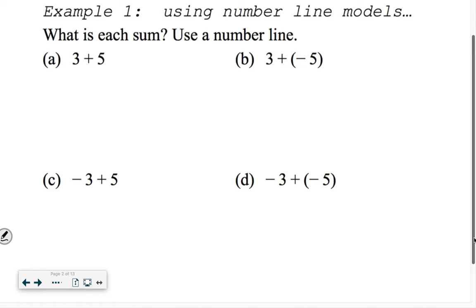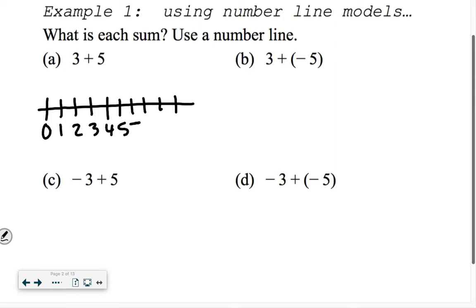Draw our number line here. 0, 1, 2, 3, 4, 5, 6, 7, 8, 9. We're going to start at 3, so that's our first number. And we're adding, so we're going to the right 5 times. 1, 2, 3, 4, 5. Our final answer is 8.